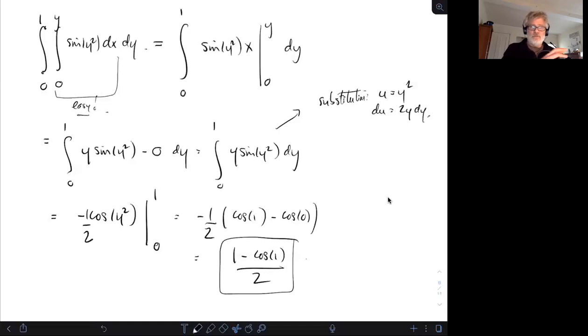Okay? The point of this, so it's cute. If you understood what happened, it's a really cute trick to get around an integral which is not possible, okay? But the main point is really to understand how both double integrals, the iterated integrals, are related to the same region but expressed as type 1 or type 2.